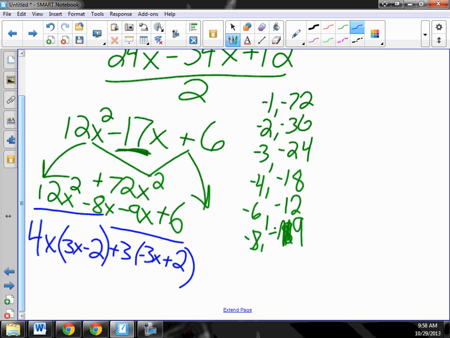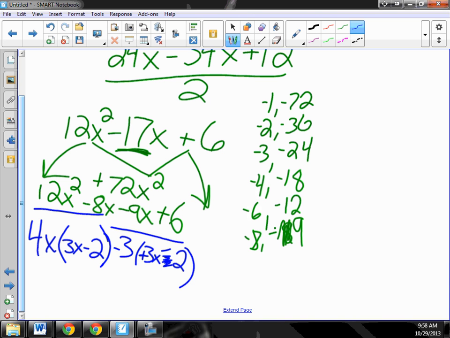Instead of dividing by 3, I could divide by negative 3. If I divide by negative 3, what is the negative 3x going to change into? That will change into plus 3, and this plus 2 would turn into a negative 2, and now it works. So sometimes you need to pull out a negative to make the two parentheses equal each other.